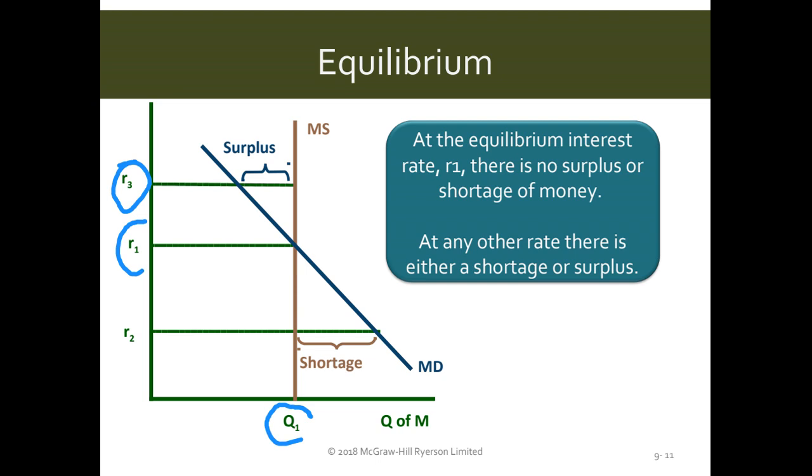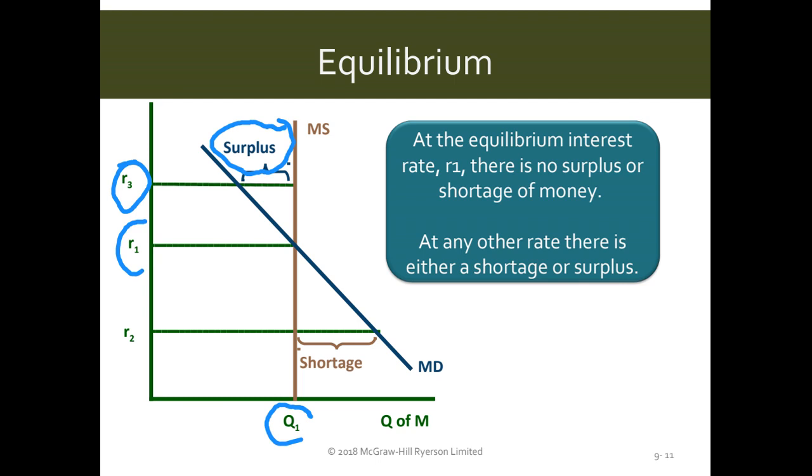You can see it's already mentioned on the slide as well. You have surplus. What is the meaning of surplus? Surplus means in the country we have more money supply, but people are not demanding it. That is, commercial banks have more reserves, but people are not willing to demand that money.